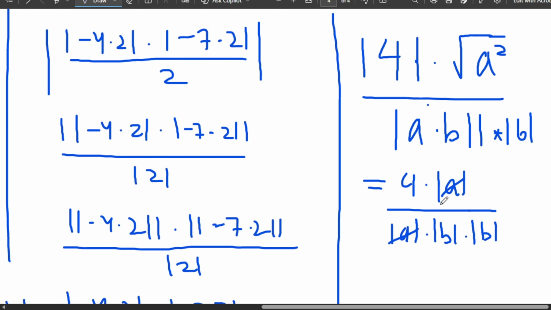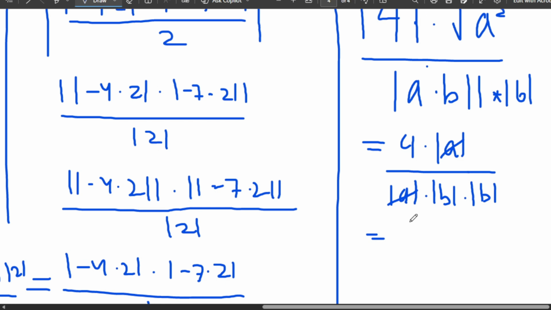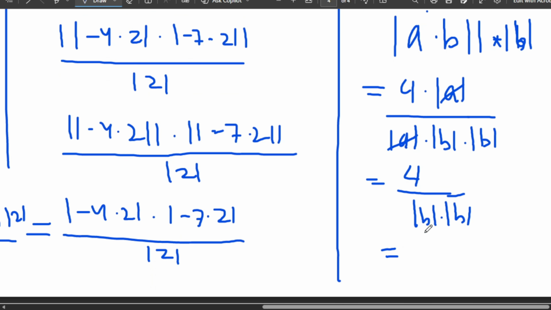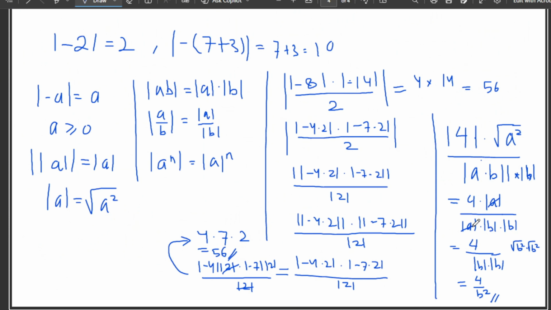This cancels out. What we get is just 4 over the absolute value of b times the absolute value of b. Remember that the absolute value of b is the square root of b squared. Since the square root of something times the square root of the same something is itself, this will be 4 over b squared. So this is our final answer of the simplified version.